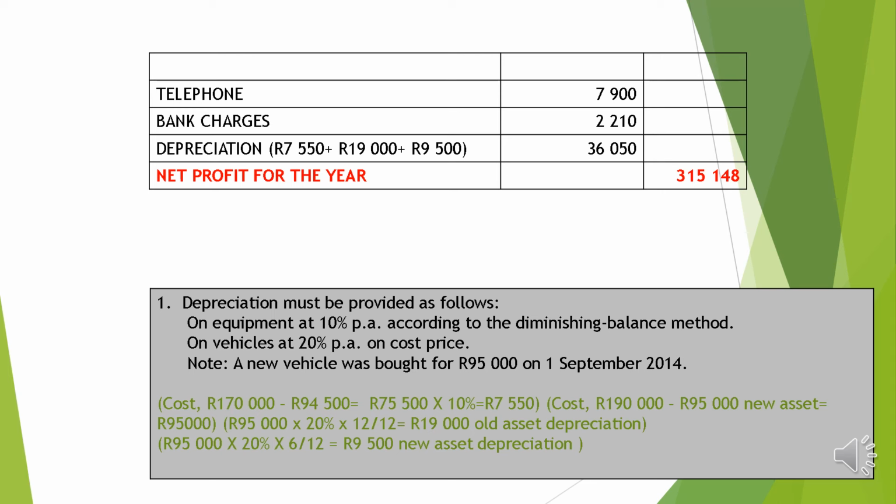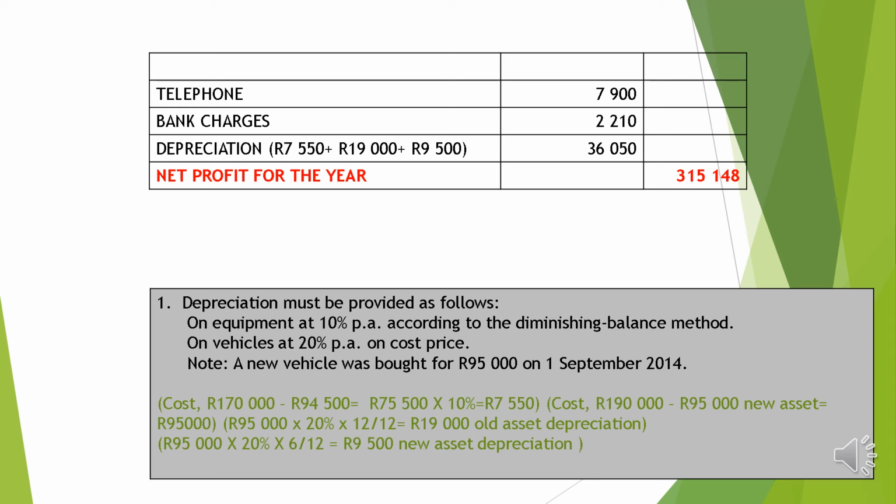Then depreciation must be provided as follows. So they are giving us instructions with regard to how to account for depreciation on equipment at 10% per annum according to the diminishing balance method. By diminishing balance method, they are also looking at a reducing balance method, a form of depreciation that is calculated using what?